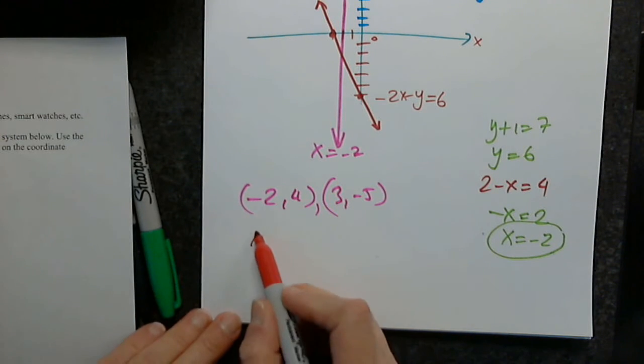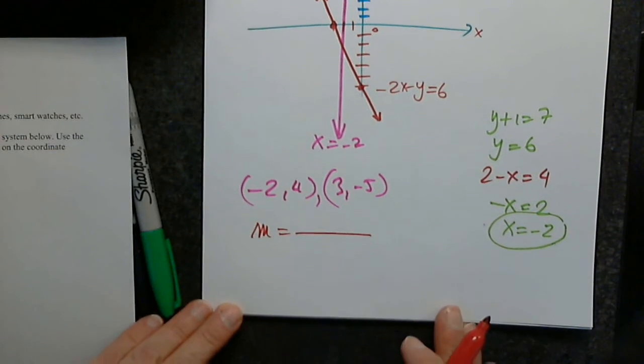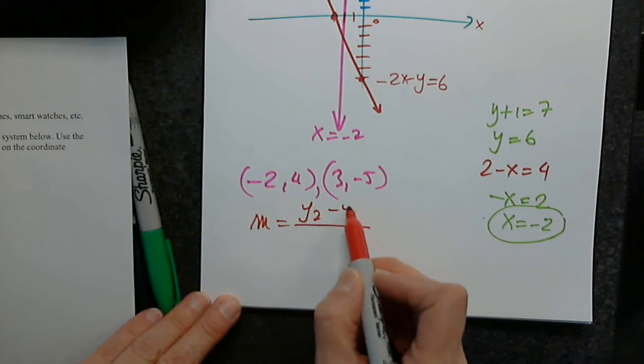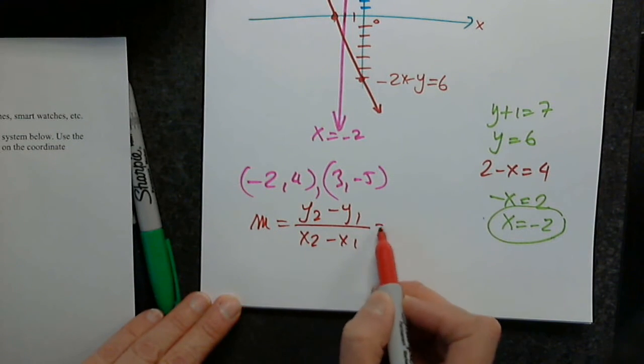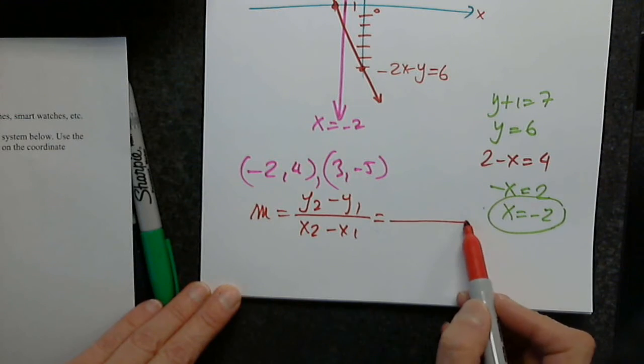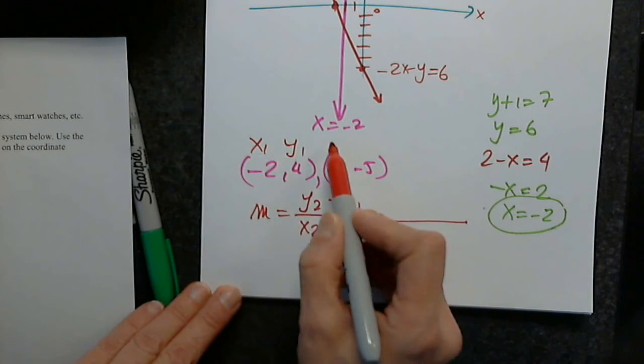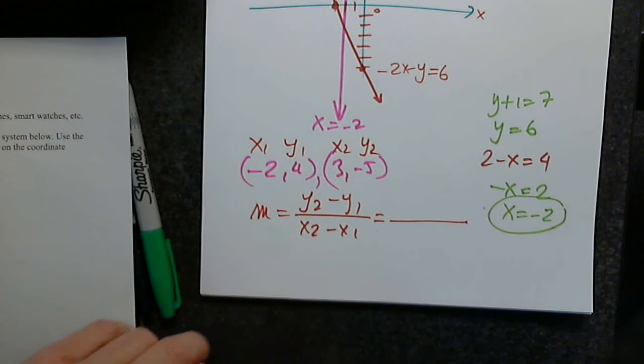Good. So I write the slope definition first. It's a good practice. y2 minus y1 over x2 minus x1. And then I label my points, x1, y1, x2, y2. And now what should I write?